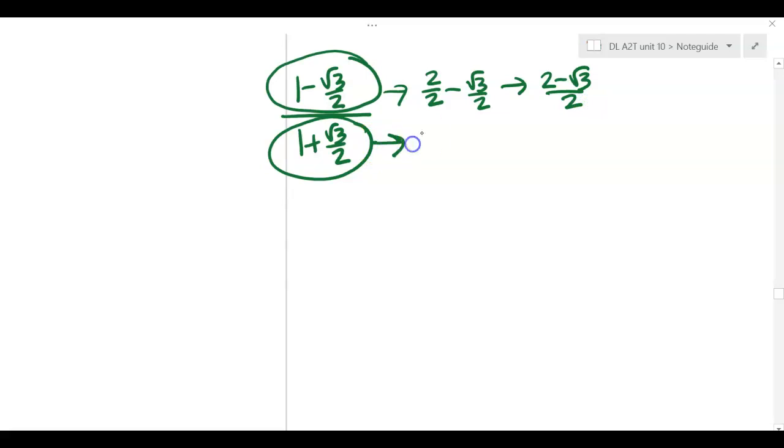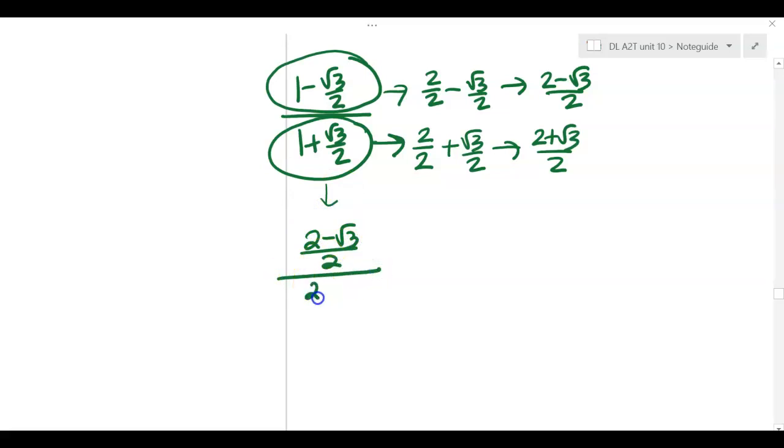And I'm going to use this same train of thought with the denominator. I need to rewrite 1 so it has a common denominator, and that becomes 2 plus rad 3 over 2. So really, this previous division problem is like 2 minus rad 3 all over 2, divided by 2 plus rad 3 over 2. And now I'm going to do some more work with that.